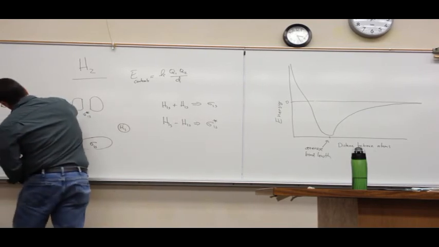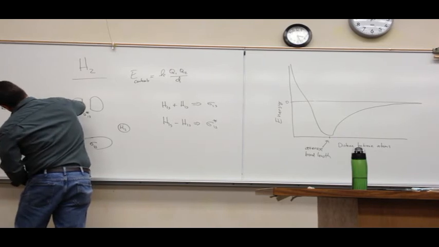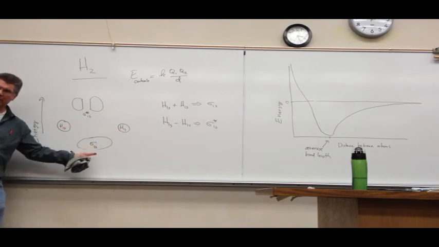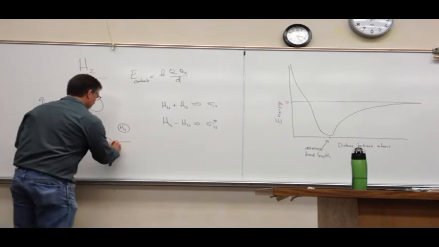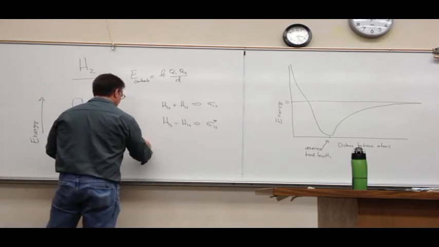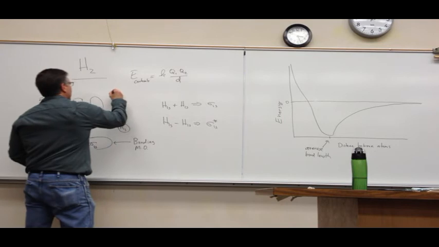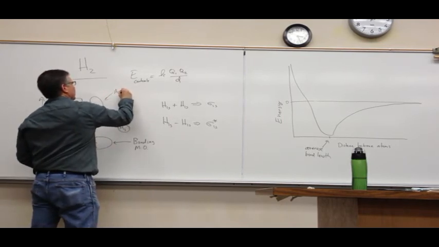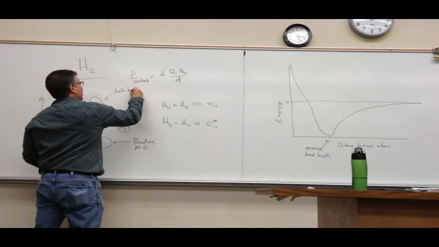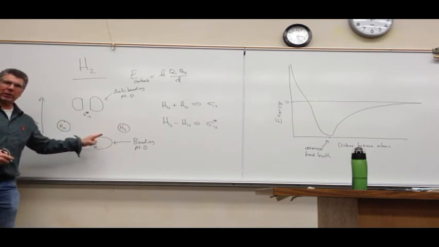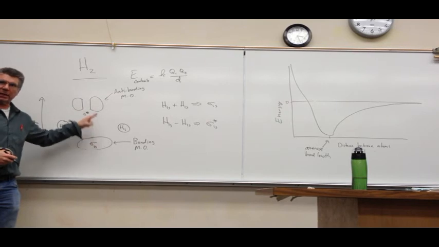And in this picture here, energy is going up. So atomic orbitals here, bonding molecular orbital, anti-bonding molecular orbital. Notice we started with 2 atomic orbitals. We ended up with 2 molecular orbitals, bonding and anti-bonding.